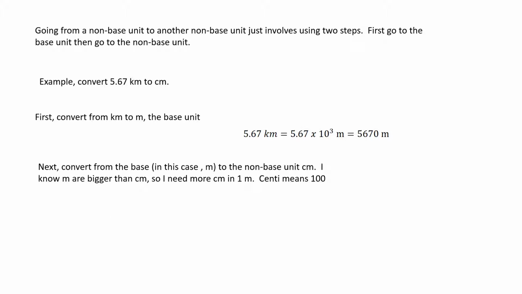Now I have to convert from the base, in this case meters, to the non-base unit, which is centimeters. I know that meters are bigger than centimeters, so I need more centimeters in 1 meter. Centi, the prefix, means 100. So 5,670 meters times 100 centimeters per 1 meter, I get 567,000 centimeters.